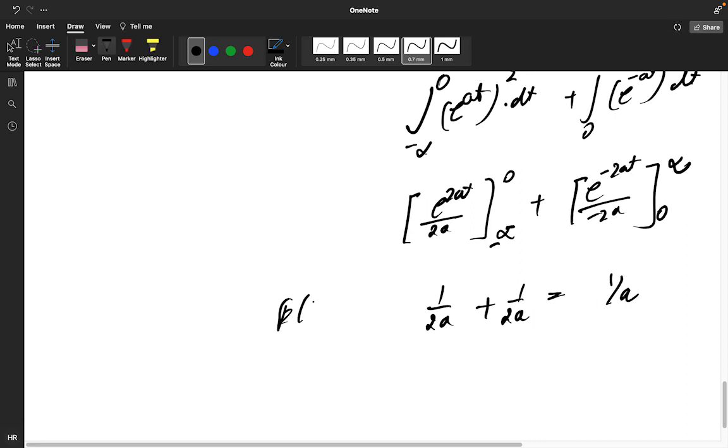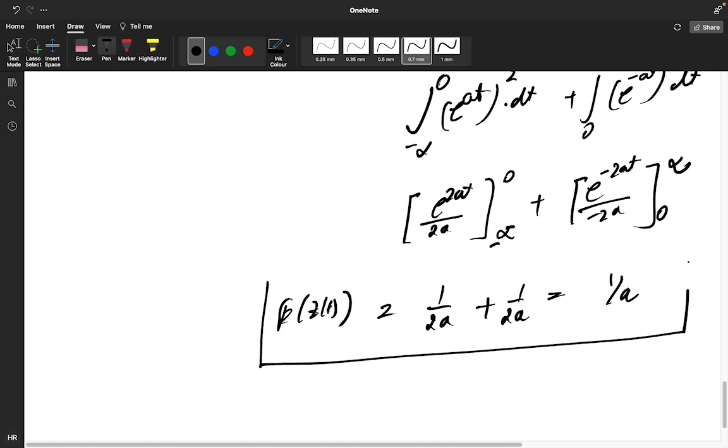So the energy of z of t is 1 upon a. Is this clear, Prasanna? Priyanka, is this clear? Vaishnavi, is this clear? Yes, sir.